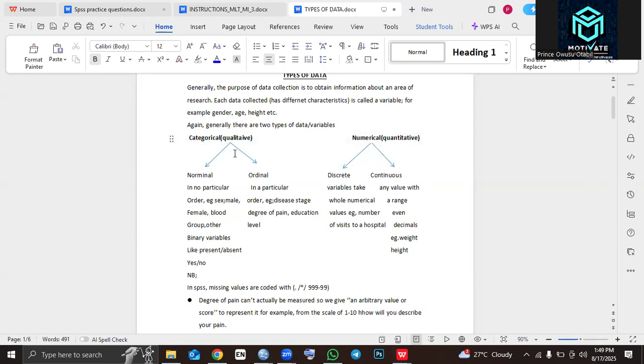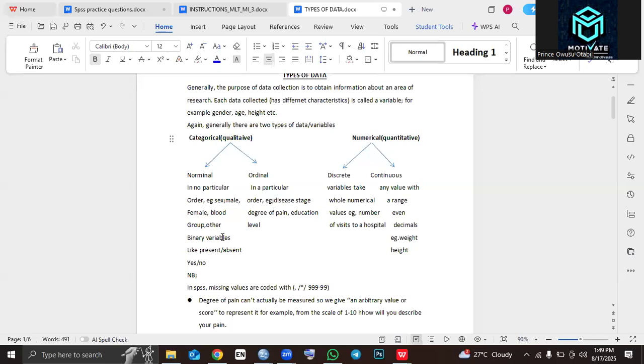Categorical data can be grouped into two groups. We have the nominal and then the ordinal data. The nominal data is a type of categorical data that is in no particular order. For example, gender, that is male or female.